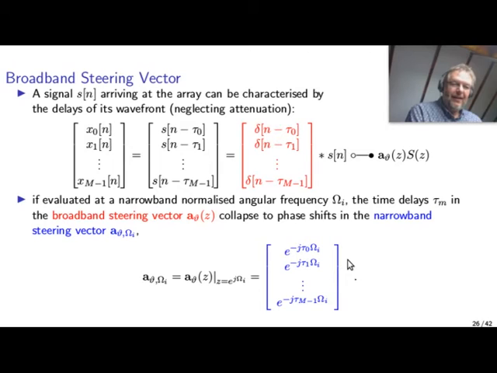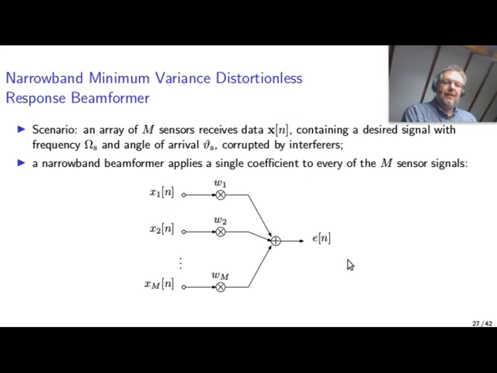So these time delays are now reduced to phase shifts, which are in the narrowband case sufficient to characterize the angle of arrival. If we wanted to solve the narrowband beamformer, then this phase shift can be corrected by complex multipliers, and we only need to follow every sensor element with a complex multiplier, W1, W2, and so forth.